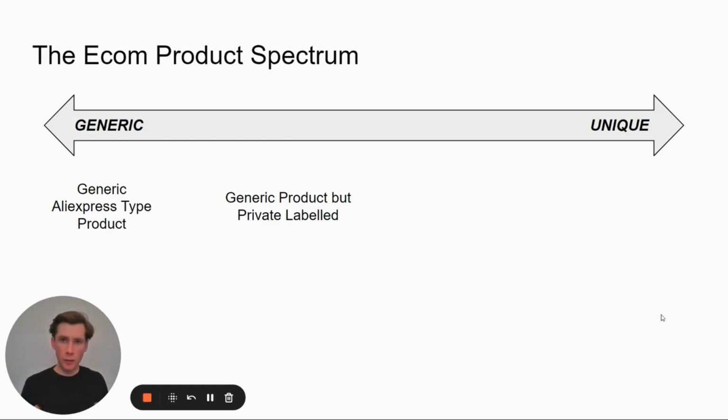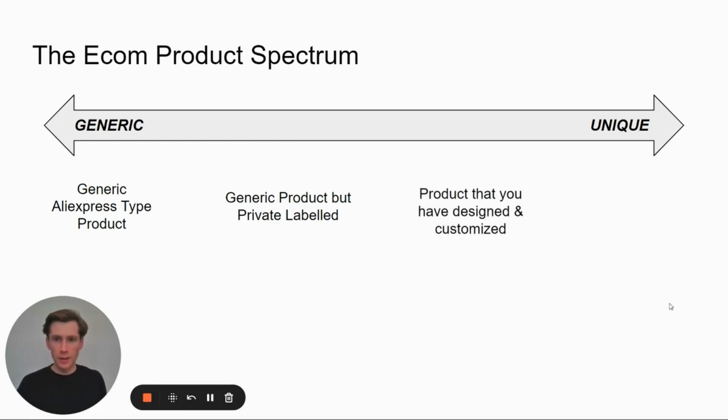You can also differentiate slightly already here, maybe with a specific color that no one else has. You tell the supplier, hey, can you make this product in a unique color and only reserve it for me? Maybe you have a different texture if that applies to your product. I hope you get the idea. There's already a bit of a spectrum there in terms of private labeling to not be as generic.